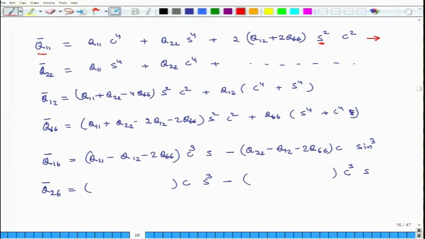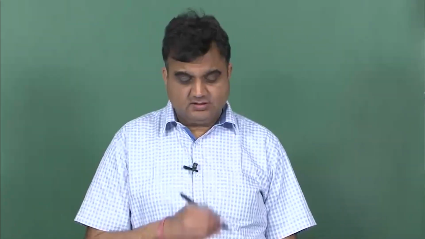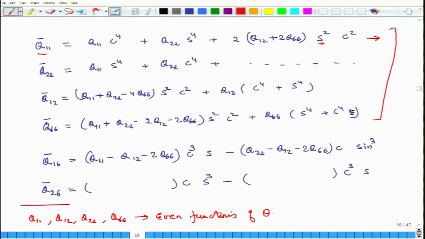So, Q11, Q12, Q22 and Q66 bars are even functions of theta. That is, if I change theta from, let us say, 30 degrees to minus 30 degrees, the values of the first 4 Q bars will not change.